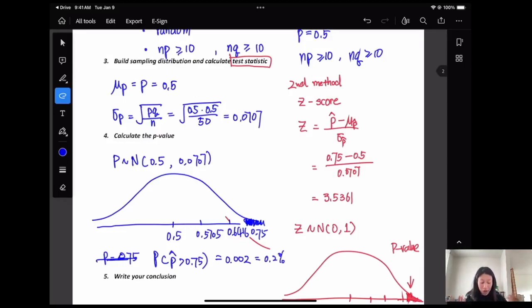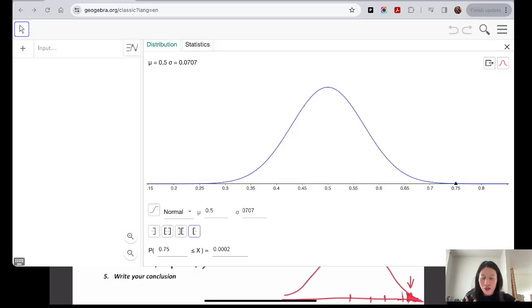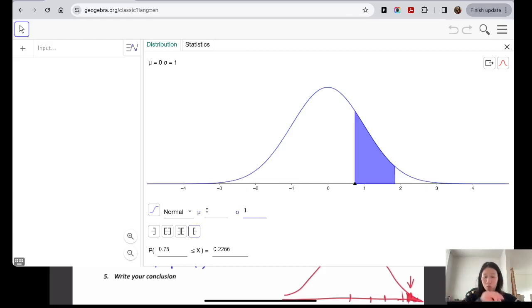Now, what if we use the z-statistic? Let's check this again. For the z-statistic, our mu is equal to 0 and sigma is equal to 1, and we want x greater than 3.5361.